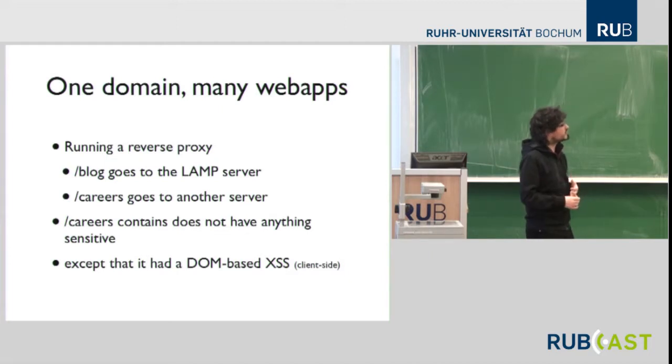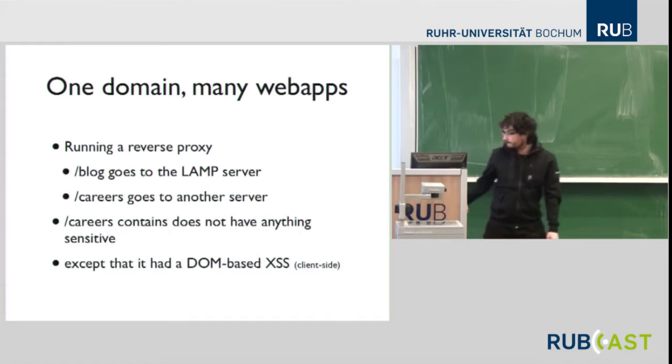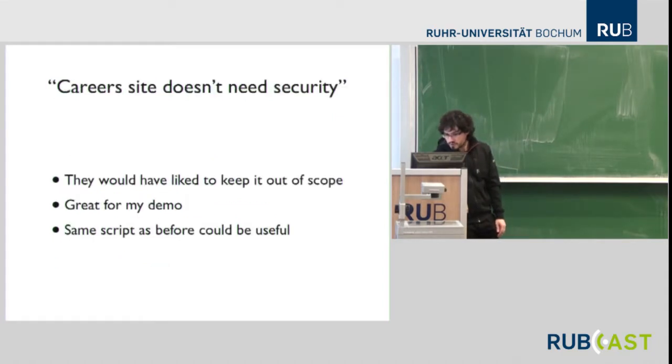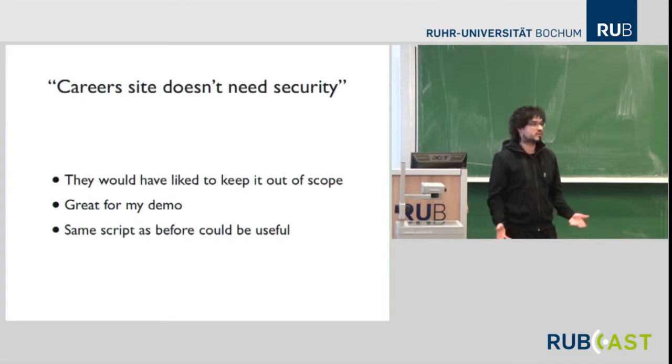However, in this case, on /carriers there's a DOM-based cross-site scripting vulnerability, or a client-side cross-site scripting vulnerability. But my client thinks, since it's a static HTML page, what could go wrong there? That's quite common.